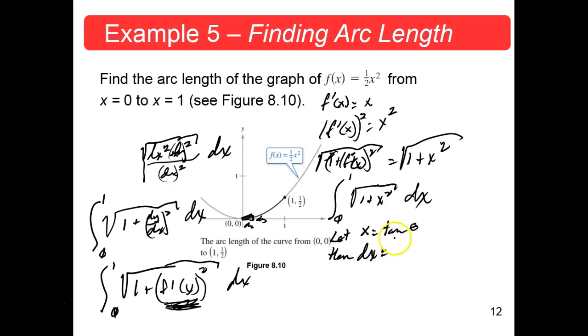dx is equal to, what's the derivative of the tangent? No, that's the derivative of secant. The derivative of tangent is secant squared. Yeah, secant squared. Look at page 541, where cosine squared theta equals 1 minus sine squared theta.